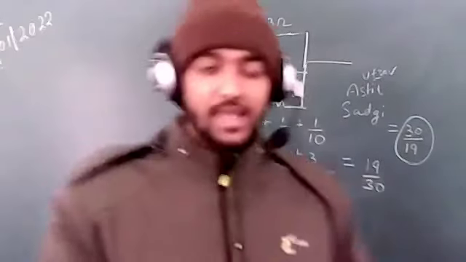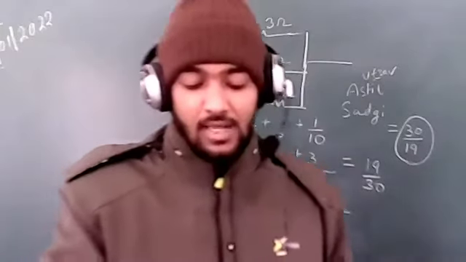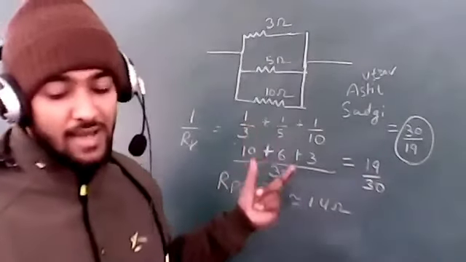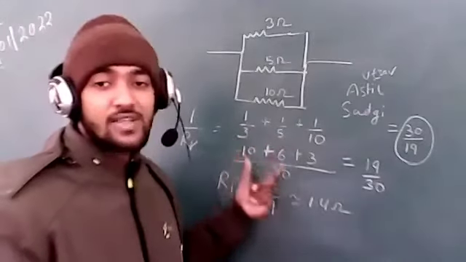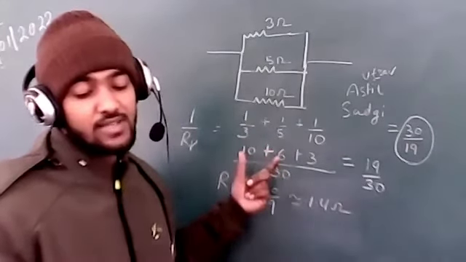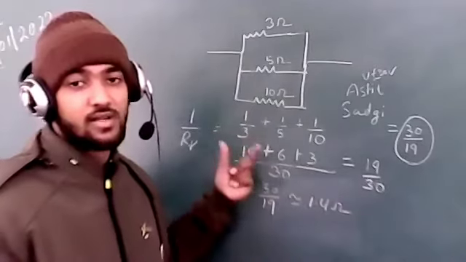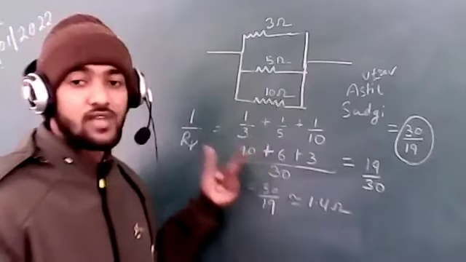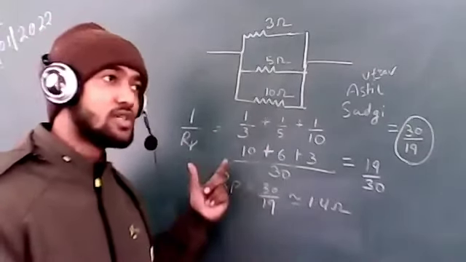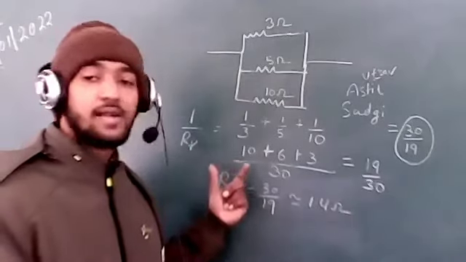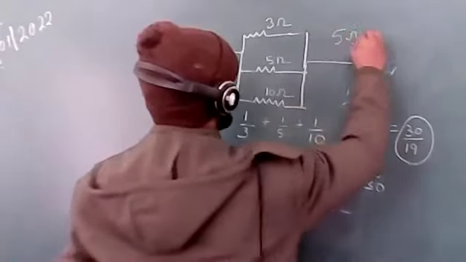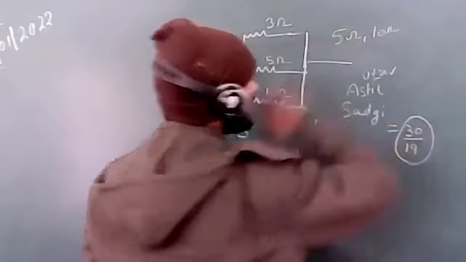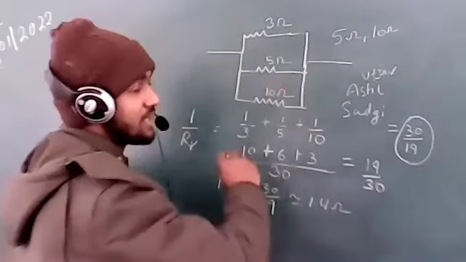See, when resistors are connected in parallel combination, their equivalent resistance is always less than the smallest individual resistor. For the last question, there are two resistors, 5 ohm and 10 ohm, connected in parallel combination.